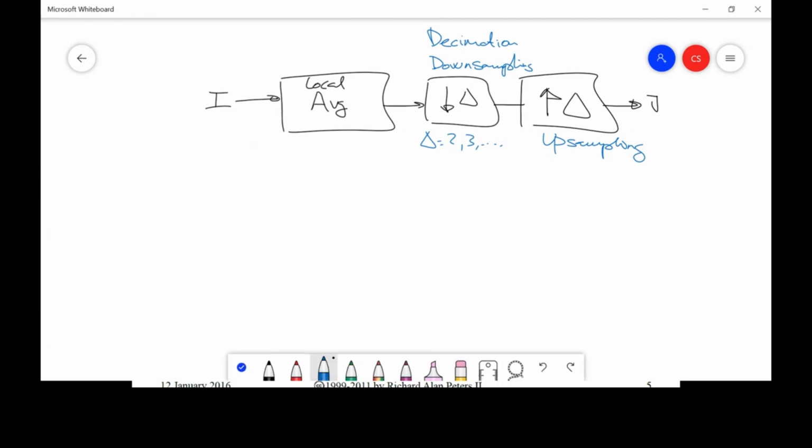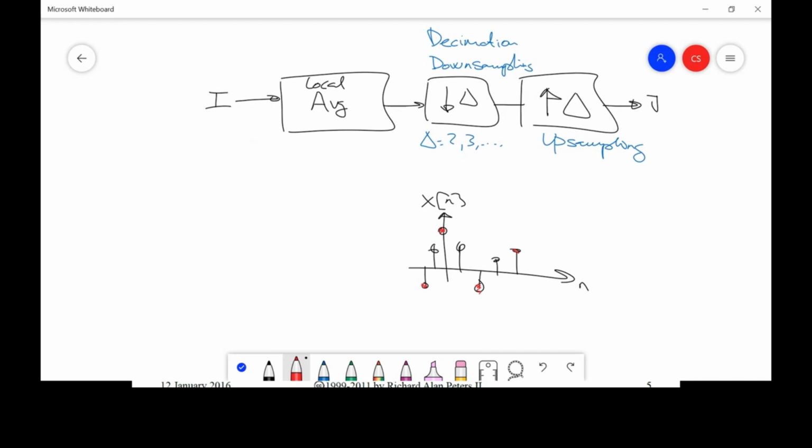But how do you express downsampling? Let's do it in one dimension, that again it is easier to represent. So you have a signal, whatever that is, and then you want to take one every 2 samples. You want to keep this one, you want to keep this one, and so on.